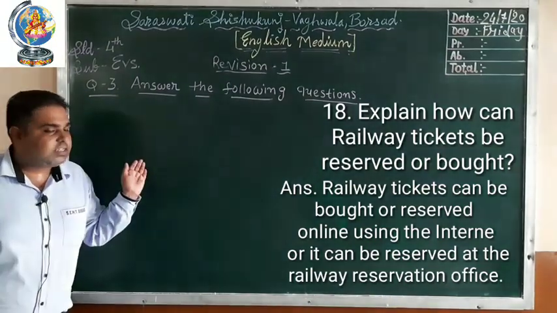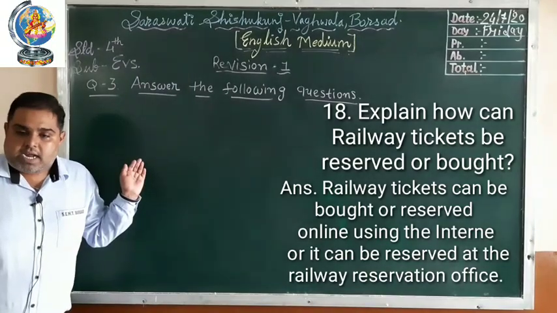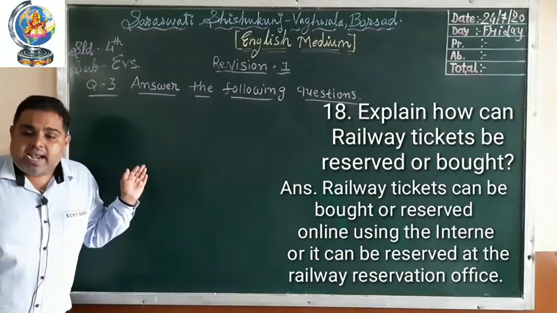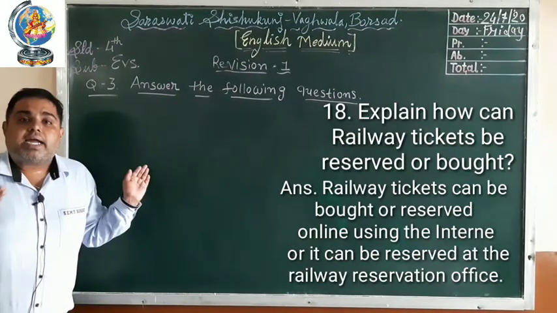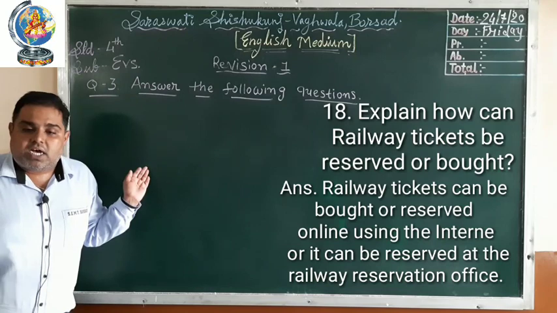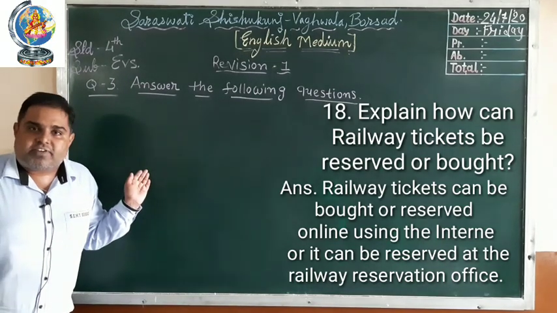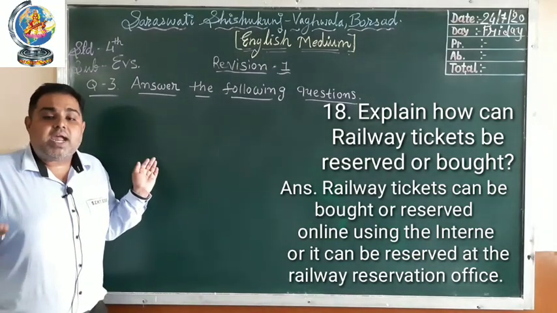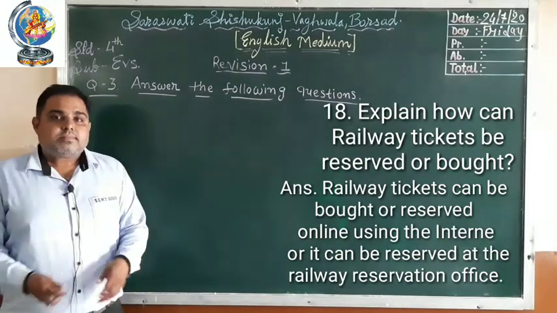Look at the answer. Railway tickets can be bought or reserved online using the internet, or they can be reserved at the railway reservation office. This is how you can buy or reserve your railway ticket.